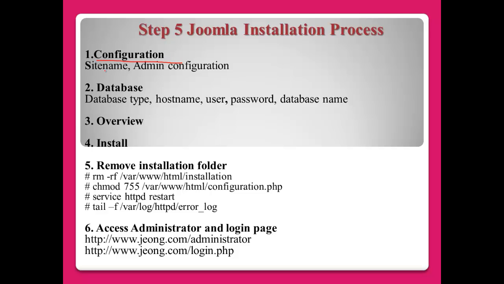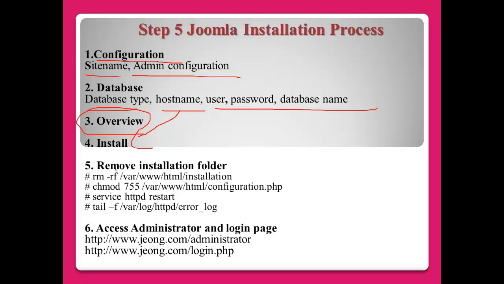First, the configuration: you have to configure the site name and admin configuration. For the database, the type is MySQL, then hostname, user, password, and database like this. And after that, in the overview, you can start the installation process.